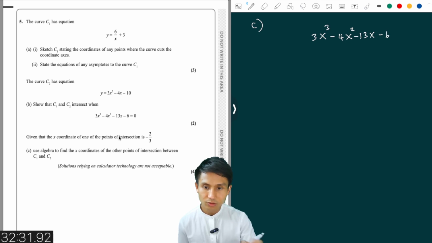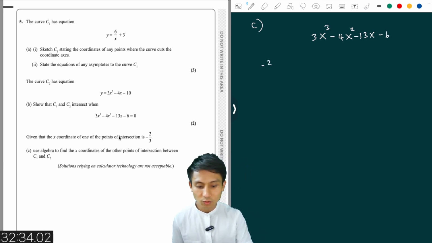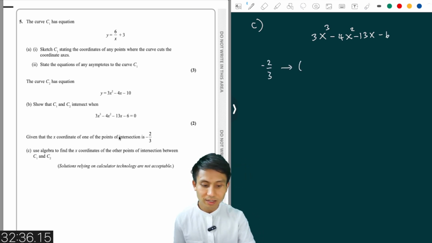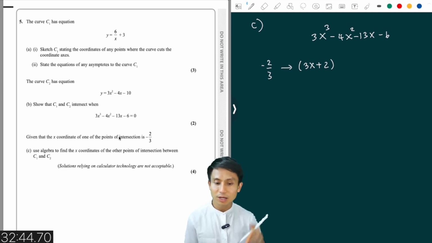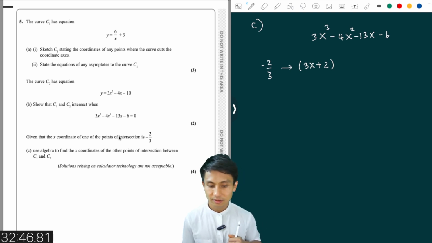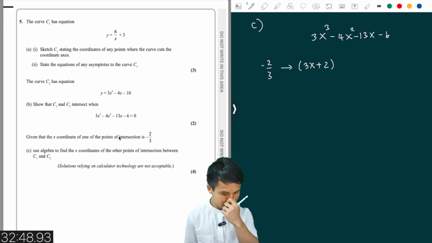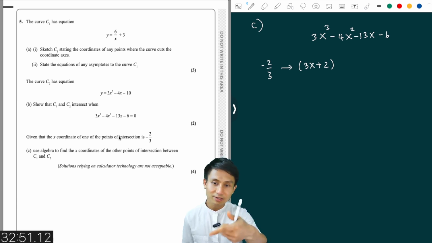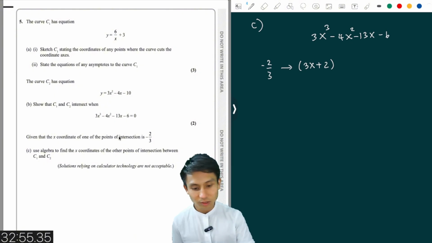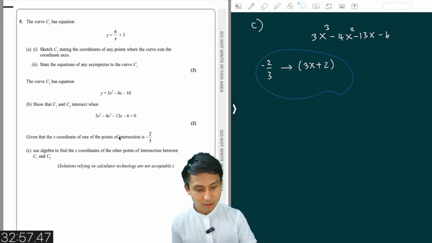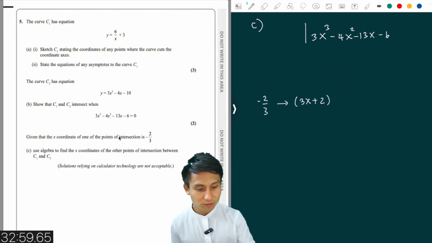Minus 2 over 3 as a root would mean that the linear factor would be 3x plus 2, because if you put that to 0, the critical value is minus 2 over 3. That makes sense because we have a 3x here, as there is a 3 in the x cubed term. So I'm going to be dividing that polynomial function by this factor.